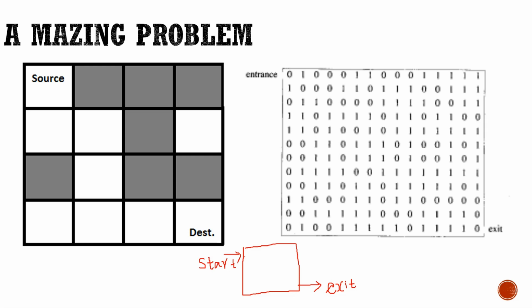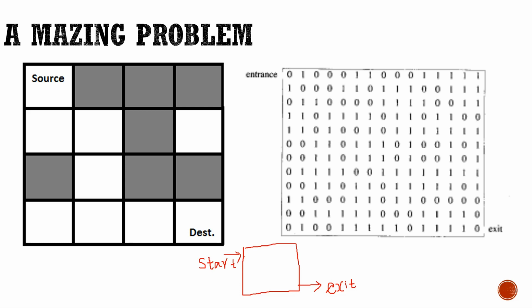If you remember your stack application, the stack is a last in first out data structure, means the last to go in is the first to come out. Now let us take the stack and try to solve this problem, which is there on the right side.